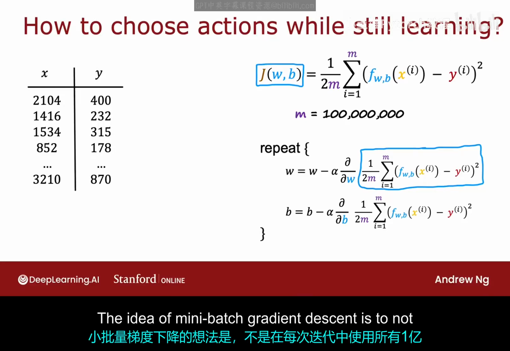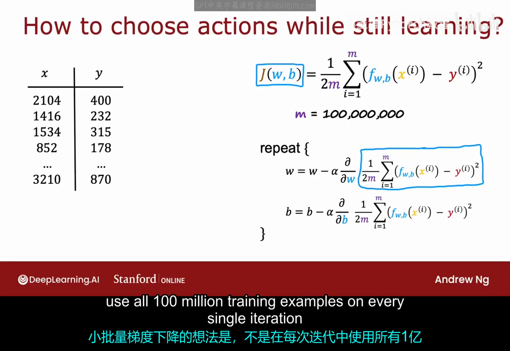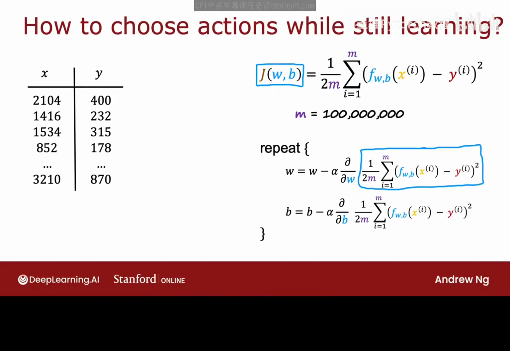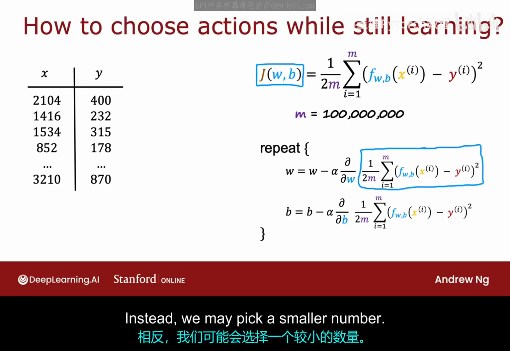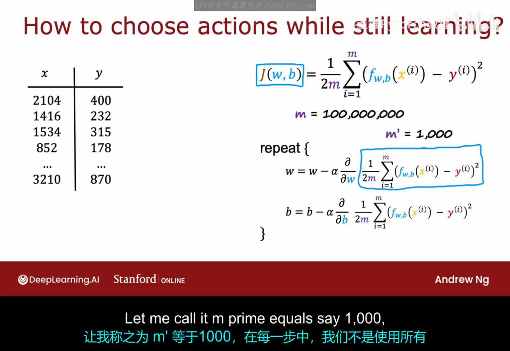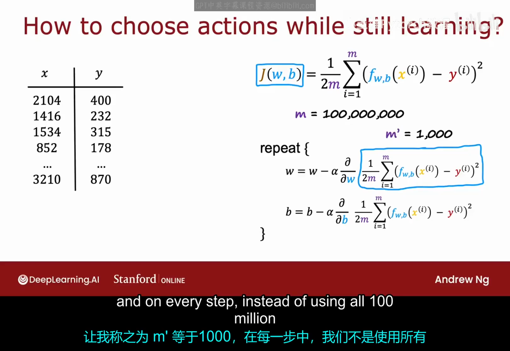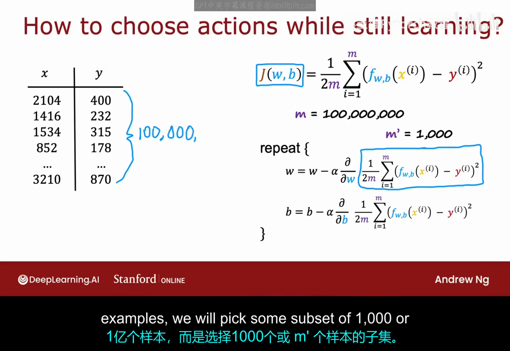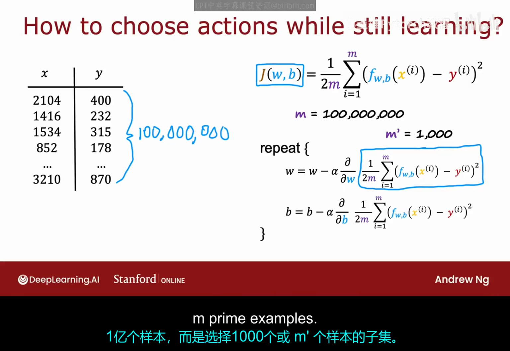The idea of mini batch gradient descent is to not use all 100 million training examples on every single iteration through this loop. Instead, we may pick a smaller number. Let me call it M prime equals, say, 1000. And on every step, instead of using all 100 million examples, we would pick some subset of 1000 or M prime examples.